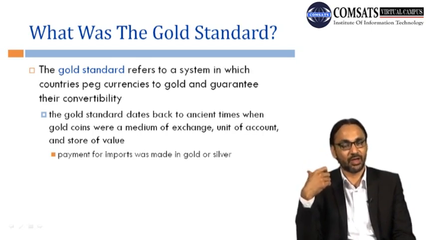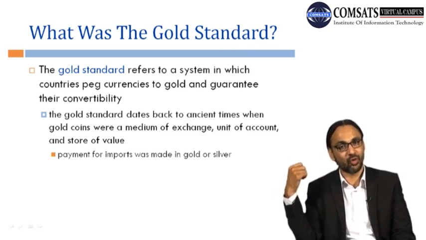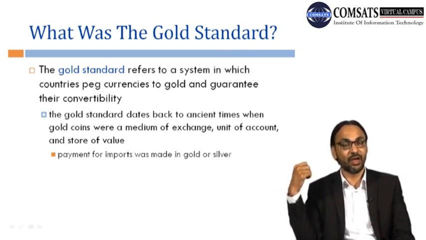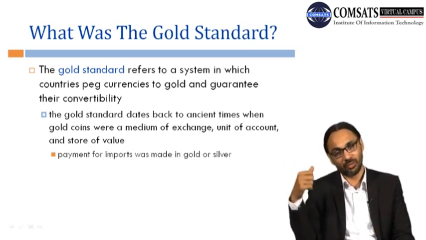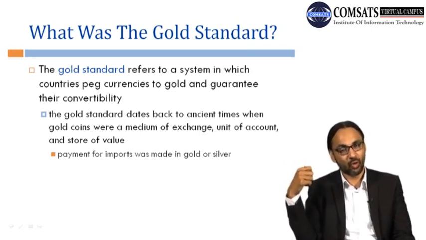They cannot print more notes of the currency than the worth of gold that they have. And they have to determine their exchange rate, the value of their currency, on the basis of the amount of gold that they have.